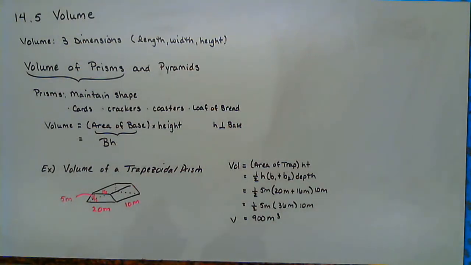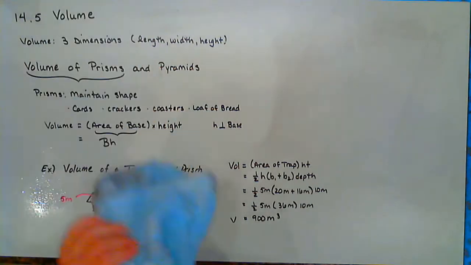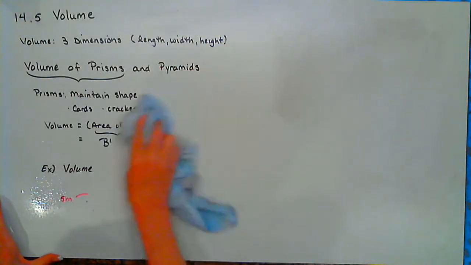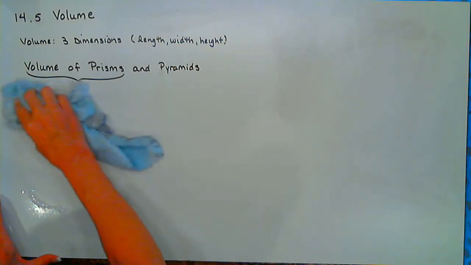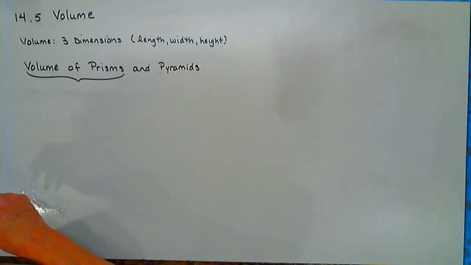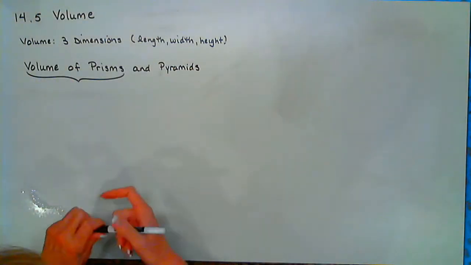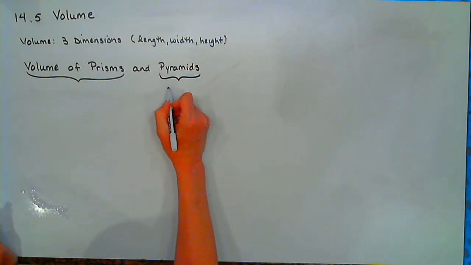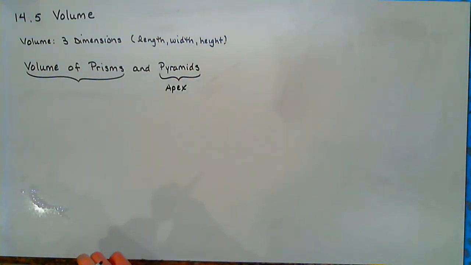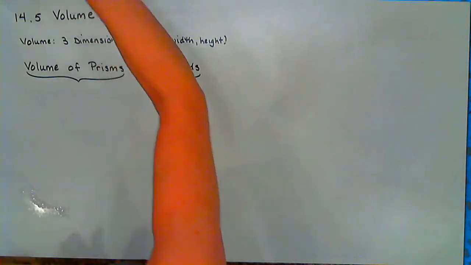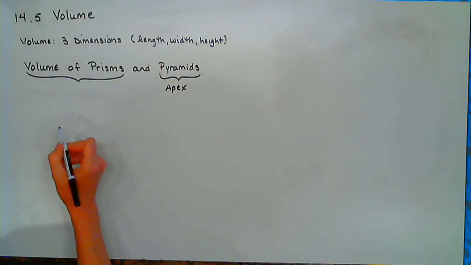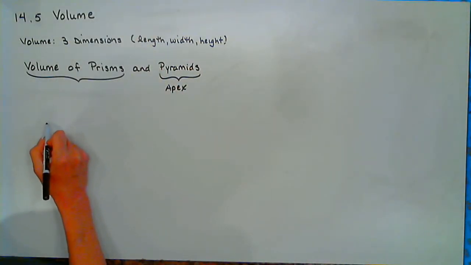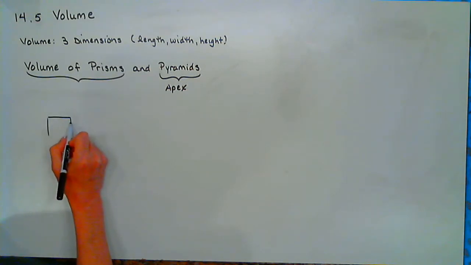Now we need to take a look at pyramids. With pyramids, you can think of it as they come to a point. These are all going to have an apex that they all come to, whether it's a pyramid with a circular base, square base, or triangular base. Let's do a pyramid with a square base.